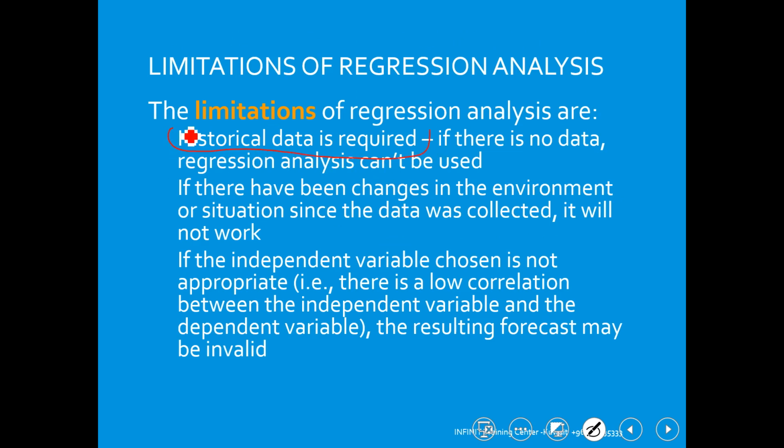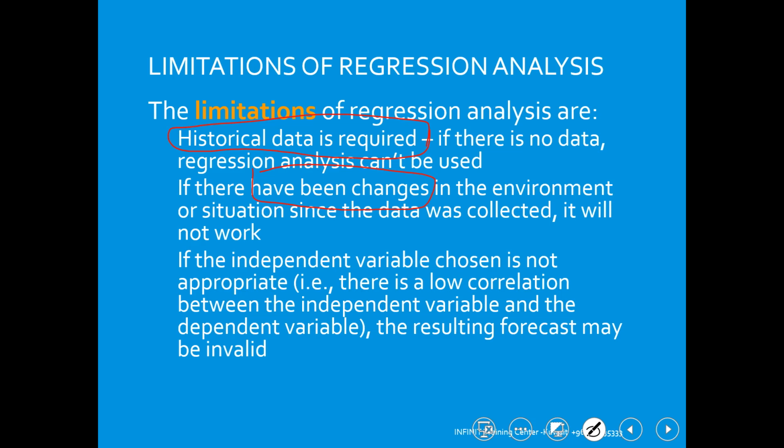The limitations of regression analysis. Historical data is required. If you don't have any historical data, you don't know what's the relationship between two variables. So you cannot use regression analysis. And also, if there have been changes in the environment or situation since the data was collected. We said till last year, the relationship between advertisement and sale is, say, 0.9.